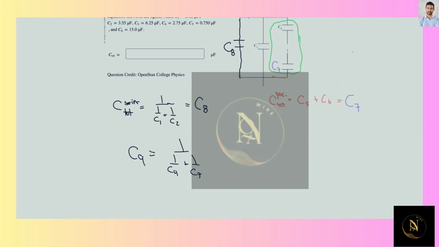Notice that we are still not doing any calculation. Now, after reducing this part of the circuit, what we're going to get is a capacitance equal to C9.